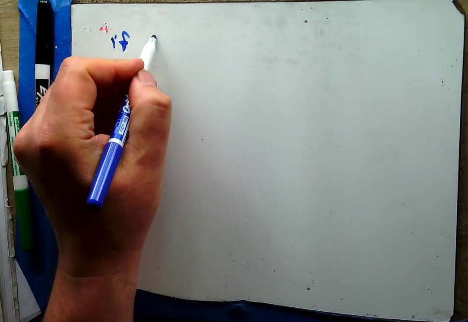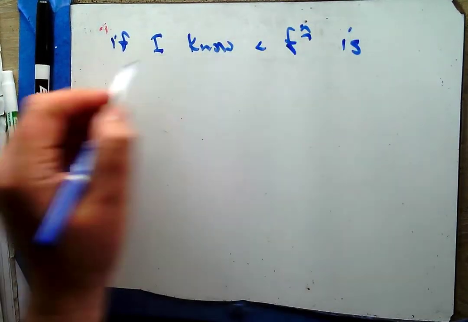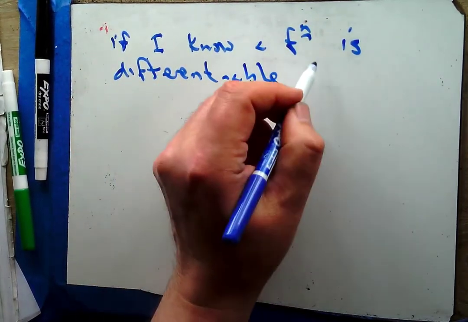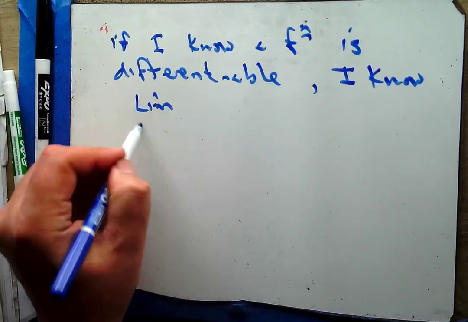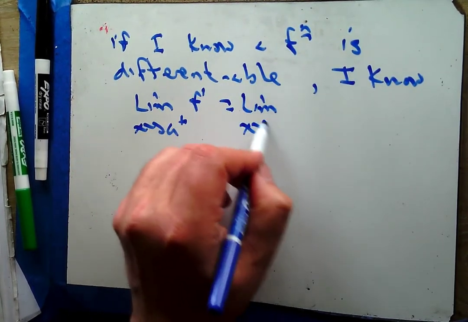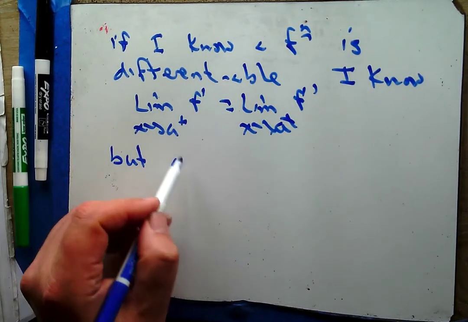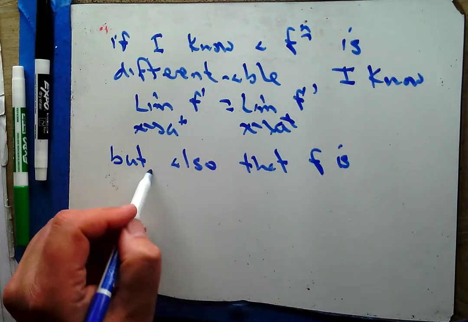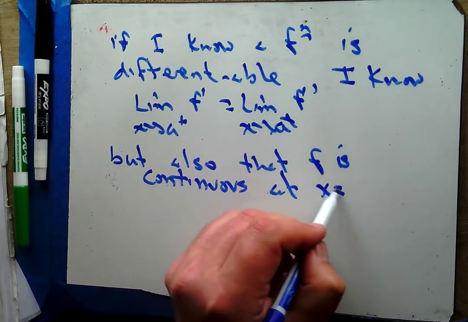If I know a function is differentiable, not only do I know the limit as x approaches a of f prime from the left equals the limit as x approaches a of f prime from the right, but also that f is continuous at x equals a.